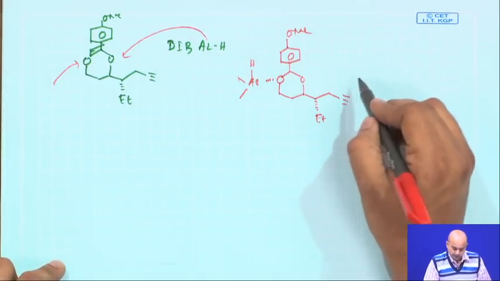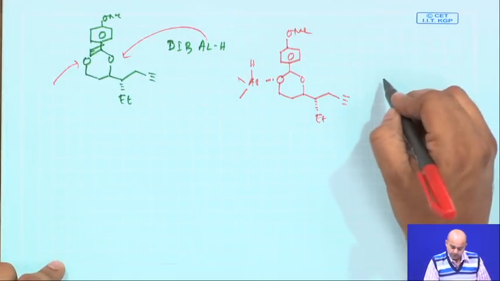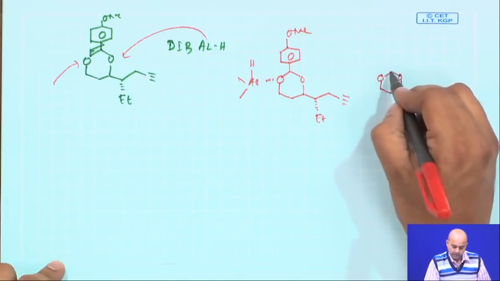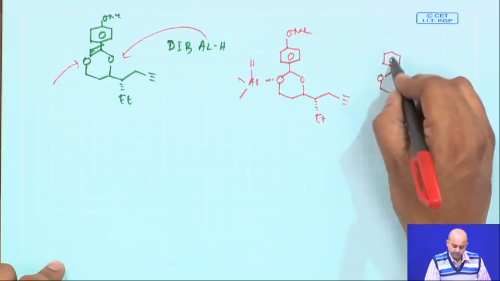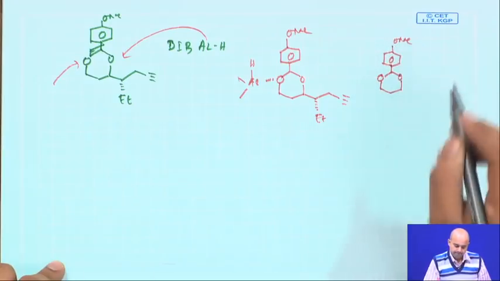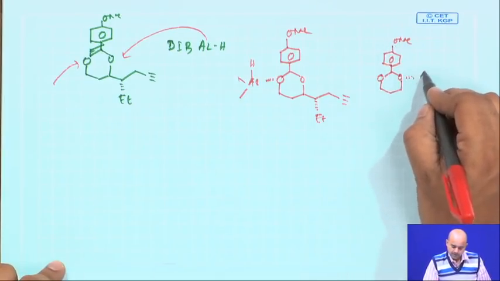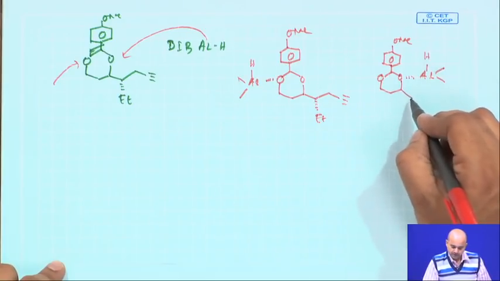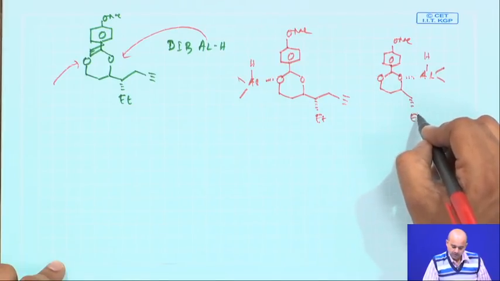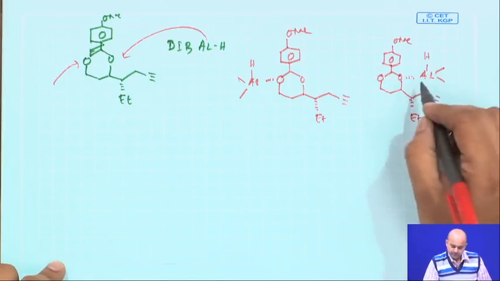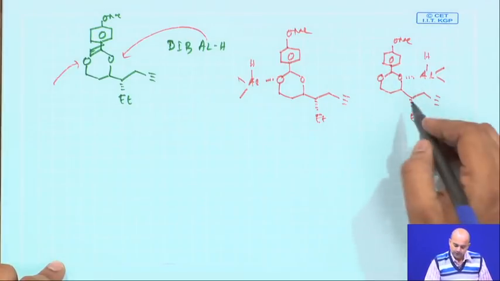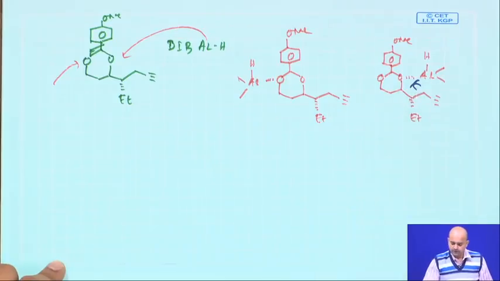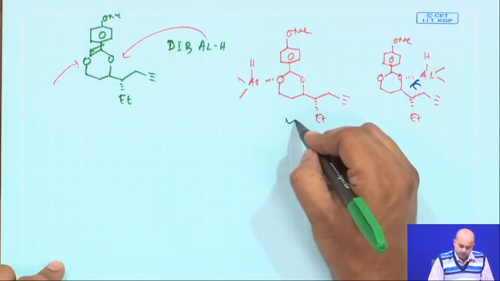You can have another coordination on that side, which I am also writing for your better understanding. Aluminum, hydride, isobutyl. Now, you see this side is absolutely crowded because it has a very bulky group. So, this is absolutely crowded, that is why the other is the main product which will be formed.